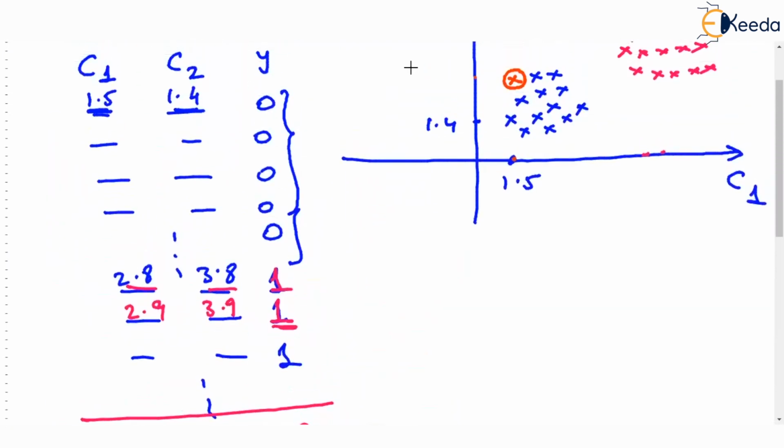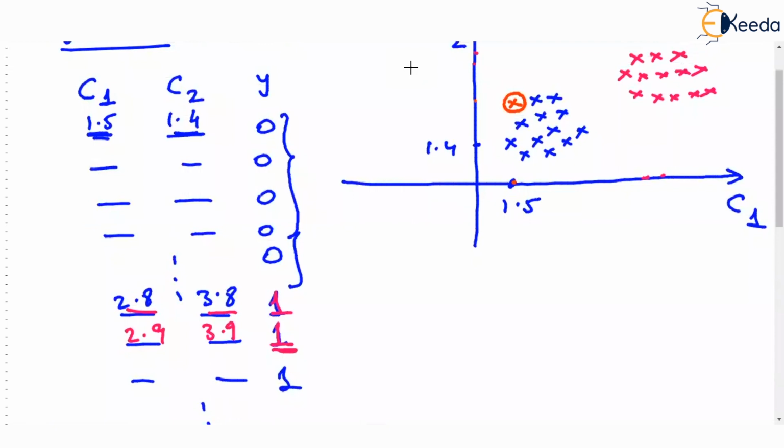Given this new query point, you want to know its output. Then you calculate the distance of this point from all the other points. And you find the 3 nearest neighbors. That's k nearest neighbors; here I am taking k as 3.